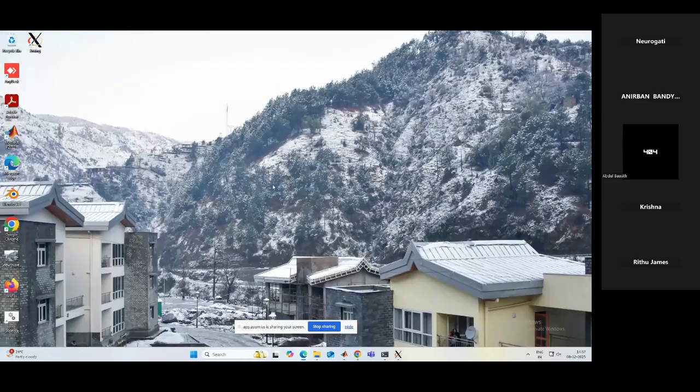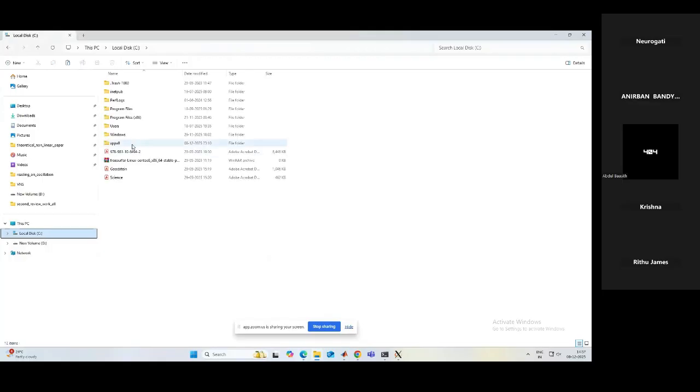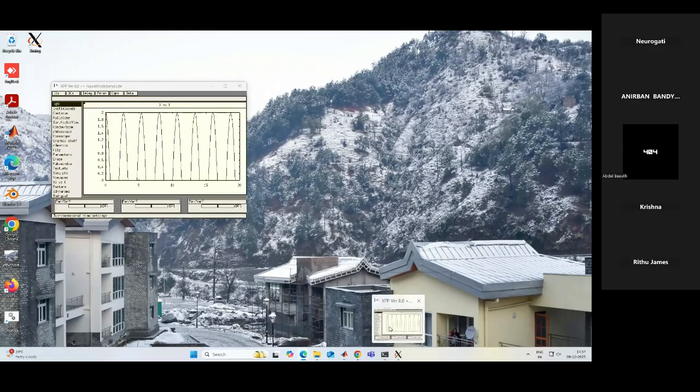Have you moved it to the C drive? I copied that directly to the root directory of C. And have you copied it here also? I sent you a message in the afternoon, right? It opened at that time, but now it's not opening for some reason. Maybe have you downloaded Xming also, the viewers and all? Yeah.